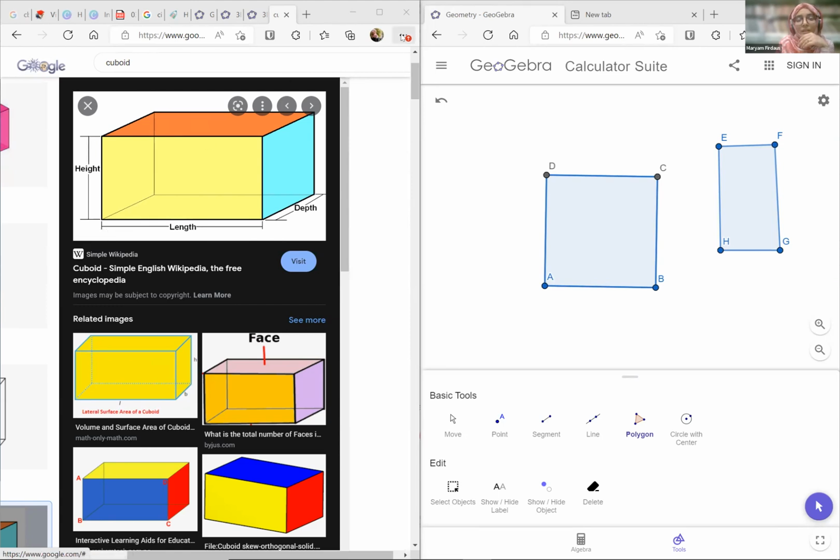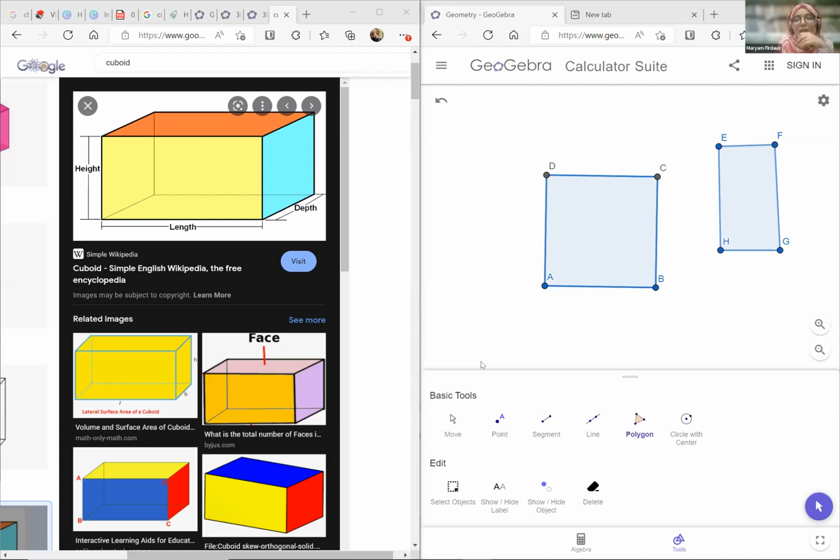It's still loading. I will stop sharing and then I'll reshare it. Can you see it now?